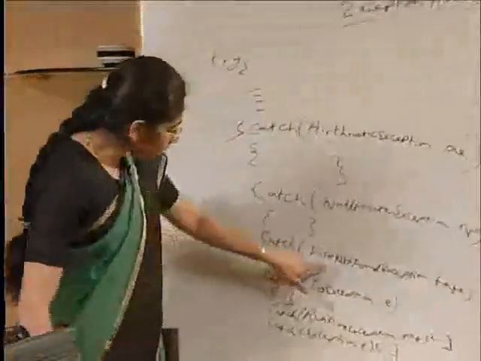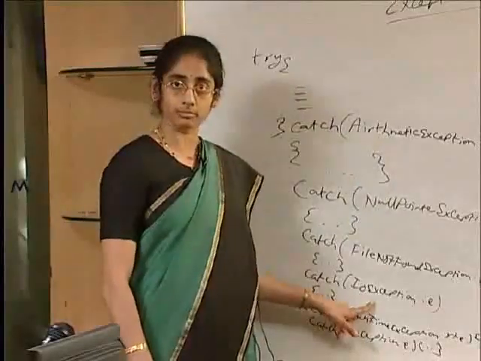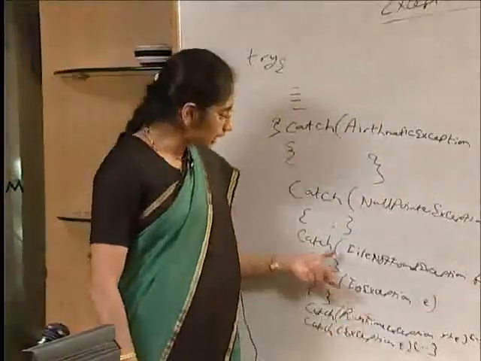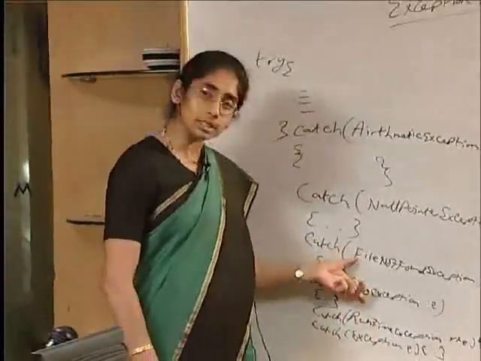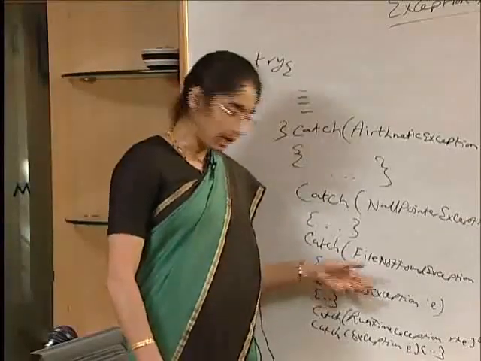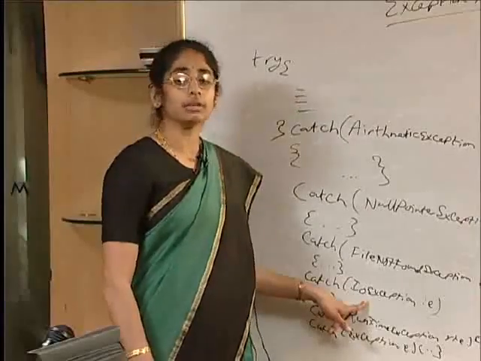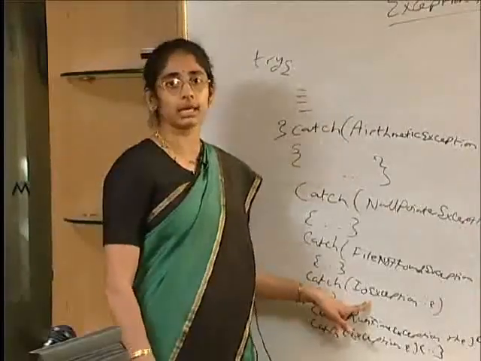So I am having both the file not found exception and the IO exception catch block. So when I have this parent and child relationship, we need to make sure that the child exception comes first and then the parent exception catch block. Otherwise the compiler will give an error saying catch not reached.